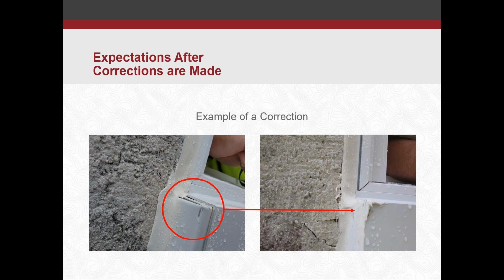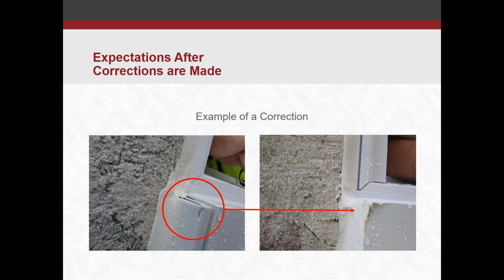What are the expectations? Here, an example of a correction. So on the left-hand side, you can see that there's a little gap there where no sealant had been applied. During testing, water was pulled in through those small gaps, creating a failure.